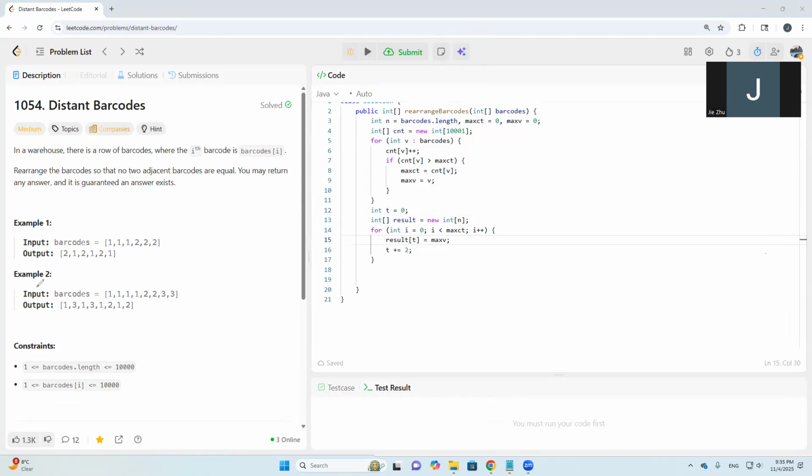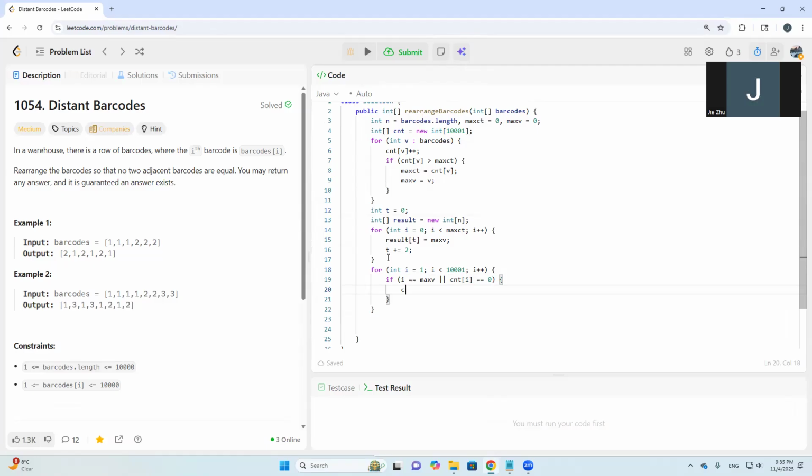So what we write is for int i equals 1, i smaller than 10,001, i plus plus. If i equals maxV or count[i] equals 0, we just continue.